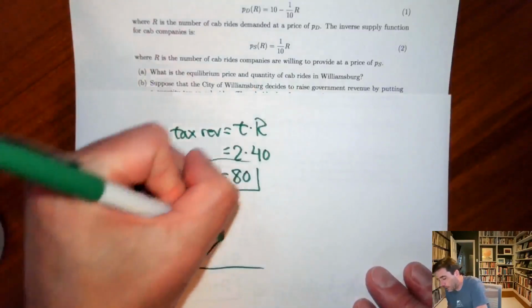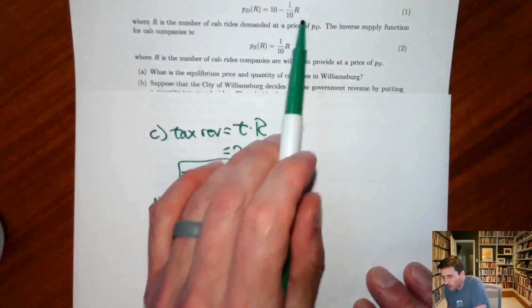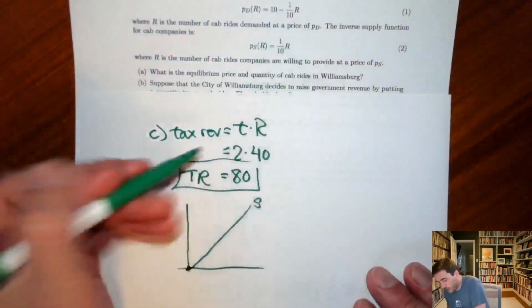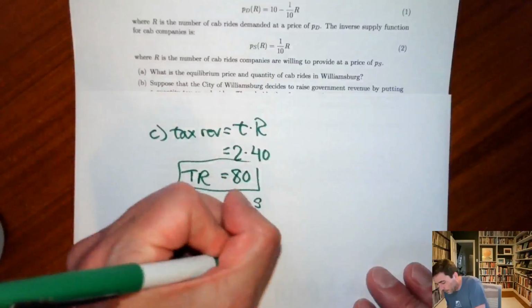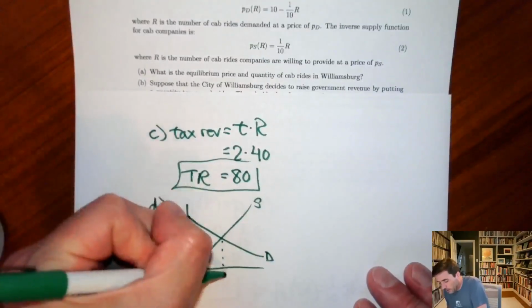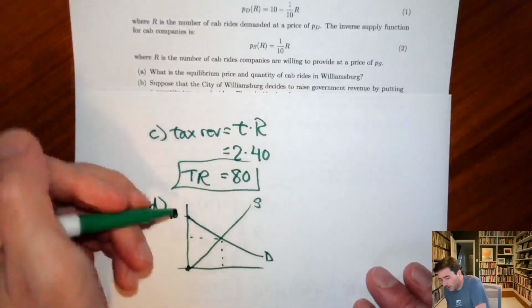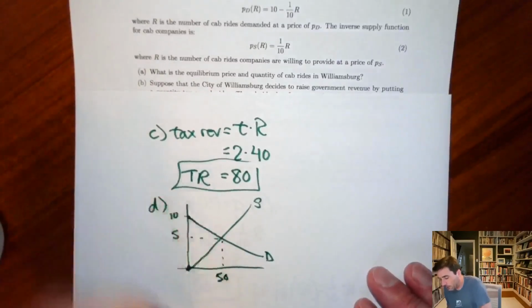And then it's going to be a straight line coming up. As for demand, when Q is 0, price is going to be 10. So that thing's going to start at 10, and it's going to come down like that, right? So we already solved for this equilibrium here, which was at a price of 5 and a quantity of 50.